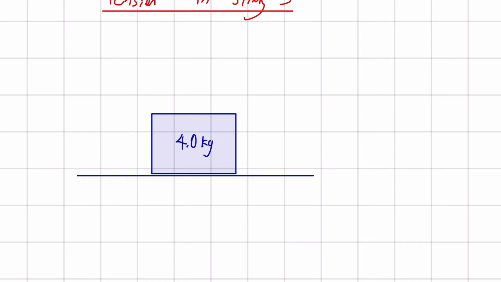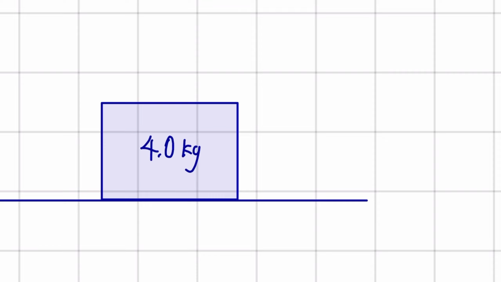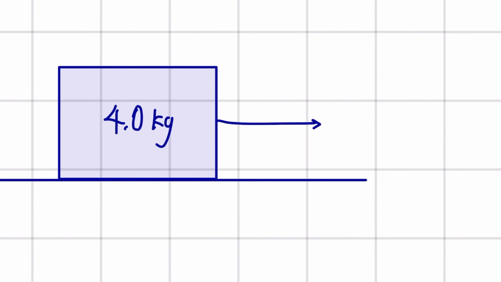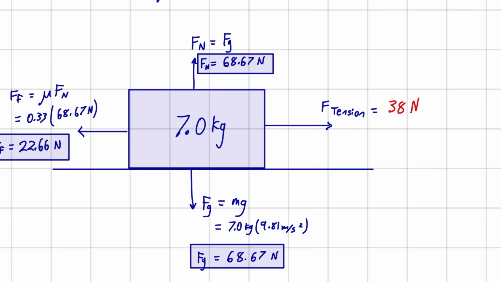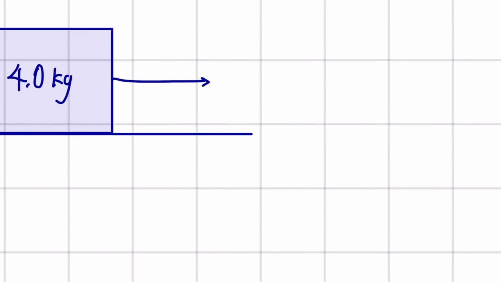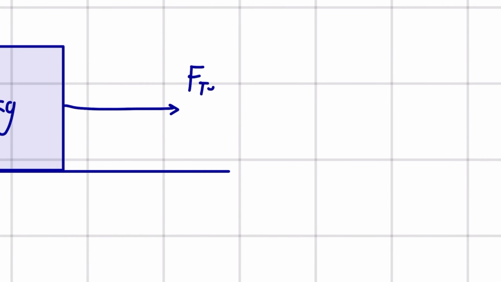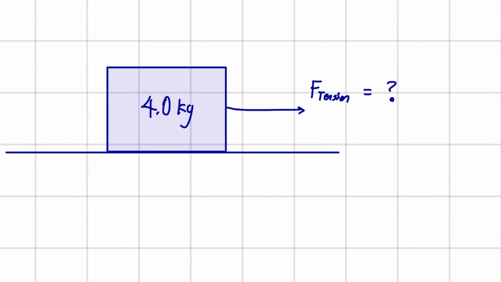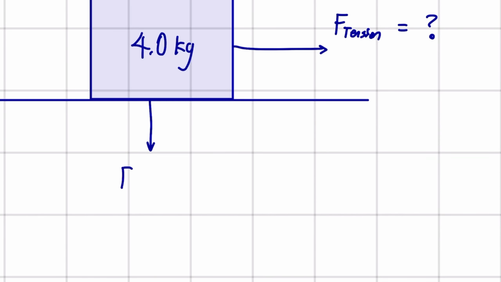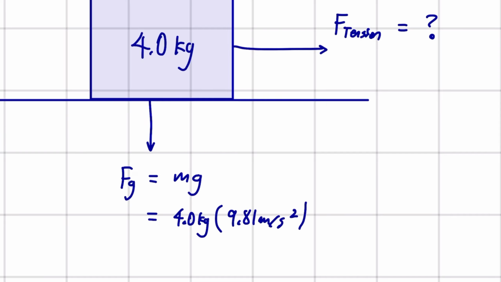And we draw the ground. And the forces, again, just like our last unit here. The forces, we have F tension, which we do not know the value of. We have an Fg, so our gravity, which is m times g, so 4.0 kilograms times 9.81 meters per second squared.